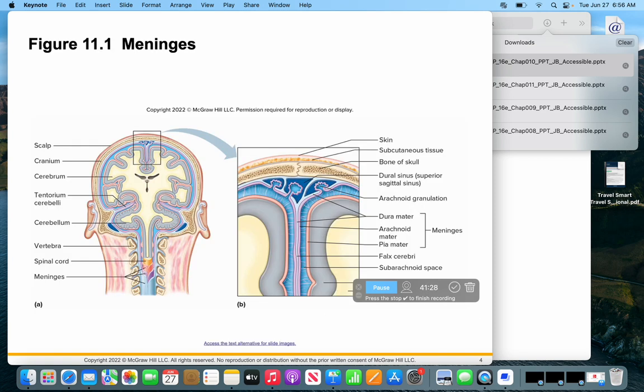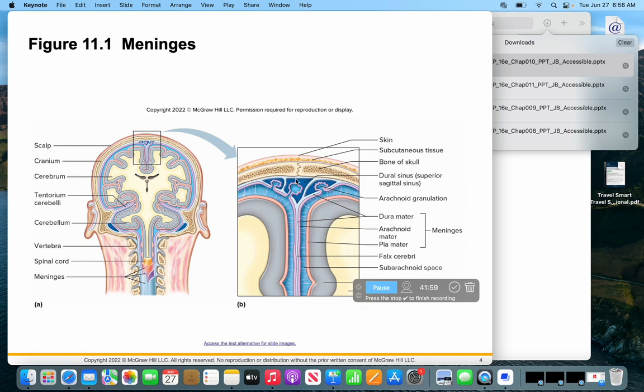And we looked at the parts of the brain, and here are those meninges found in both the brain and the spinal cord. We see the cerebrum, the cerebellum, this curly one in the back. We can see the scalp and the gyri and the sulci and the bones.